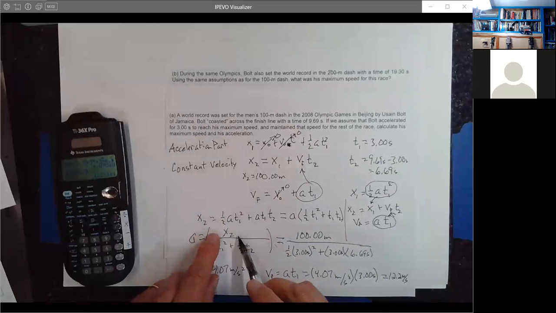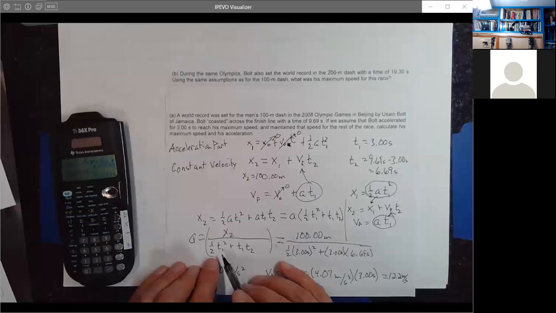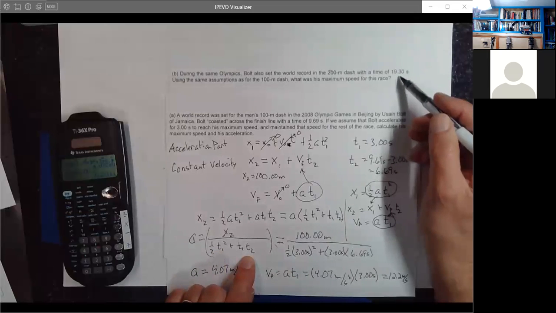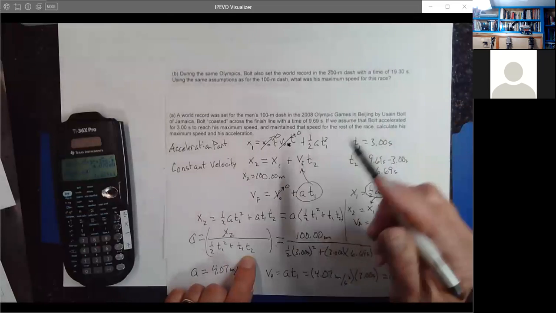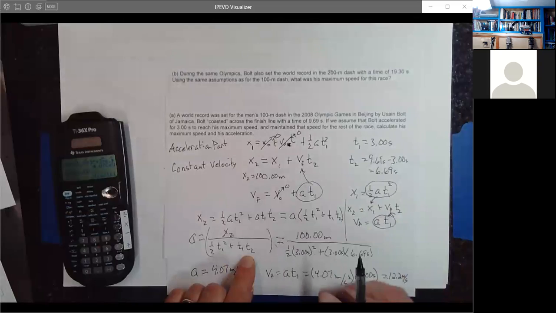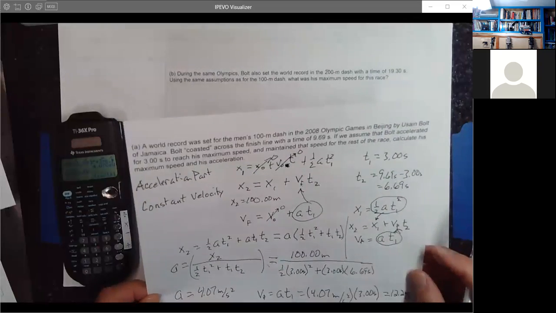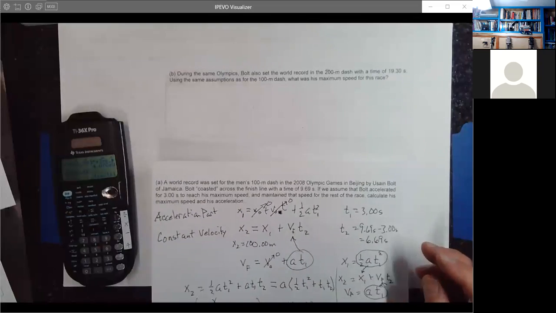X2 in that case would be 200 meters, and the 1/2 T1 would still be 3 seconds, but T2 would be 19.30 seconds minus 3.00. So let's see if that works. See what we get for his acceleration in that race and for the other thing.